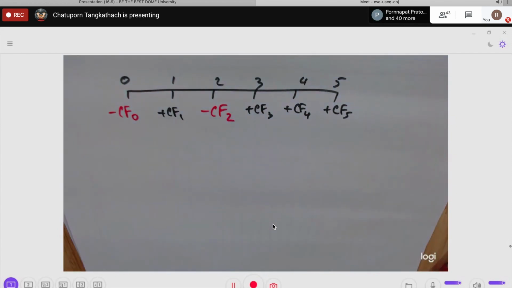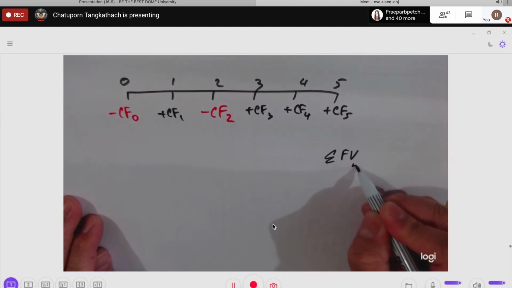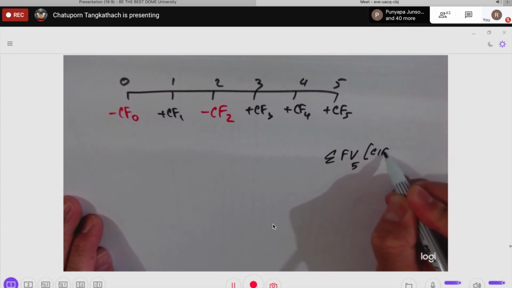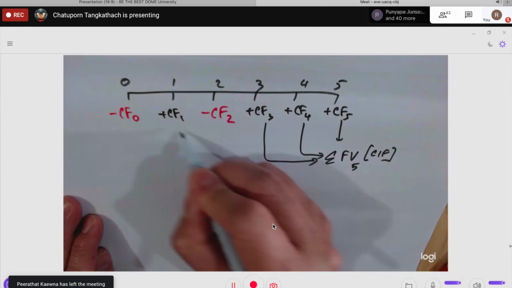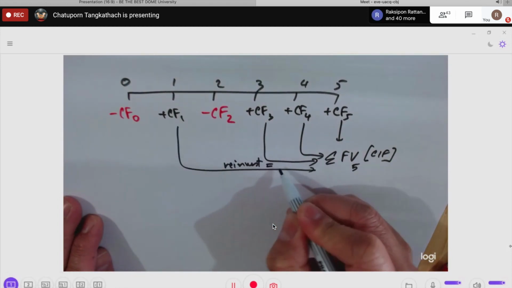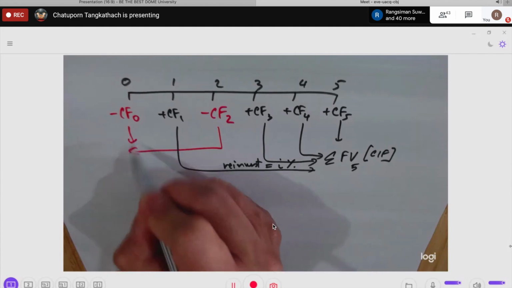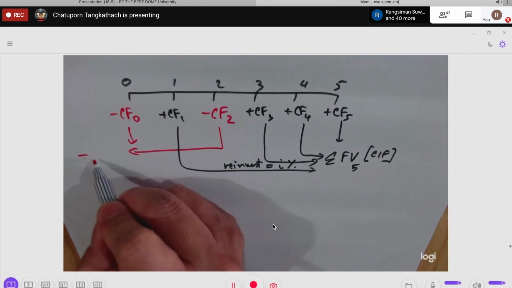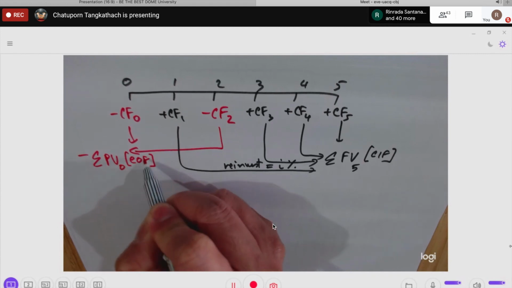After you have this, the rule for MIRR is that you compute the future value for only the cash inflows. Only cash inflows will be reinvested at I%. But for cash outflows, you put them together as the present value of cash outflows.